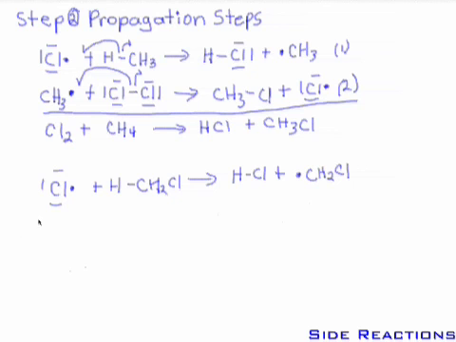Now the methylene chloride radical, CH2Cl dot, can react with Cl2. If it grabs an electron from the bond between the Cl2, what do you get? You get CH2Cl2, methylene dichloride or dichloromethane, and Cl dot. We're going to call this a side reaction.